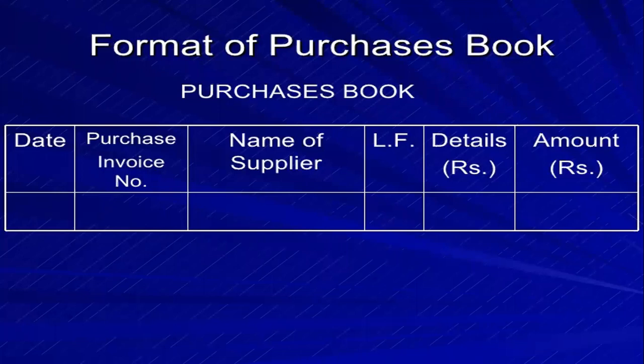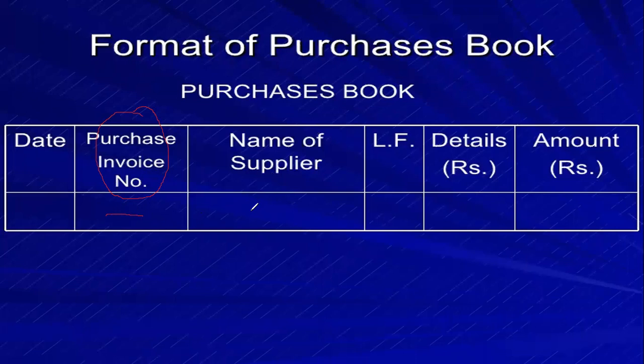Now we are going to see the format of purchase book. Format of purchase book is as under: date, particular, name of the supplier. Here is the invoice number, that is a bill number, the bill that we receive when we purchase something. If some digits are mentioned, we have to mention them over here.